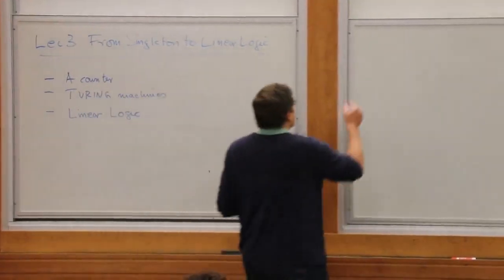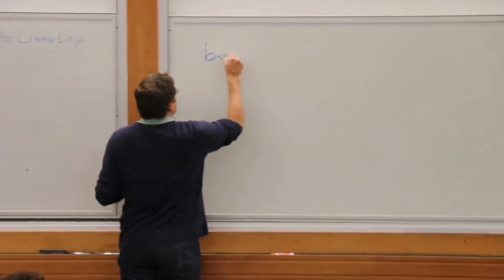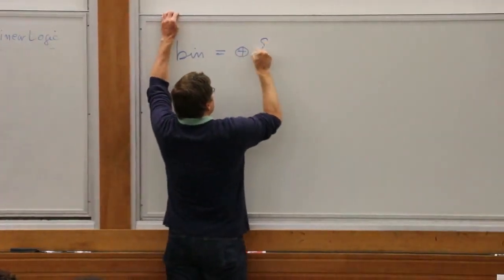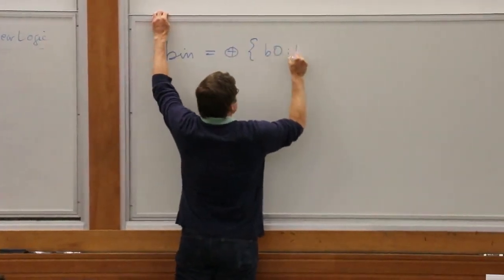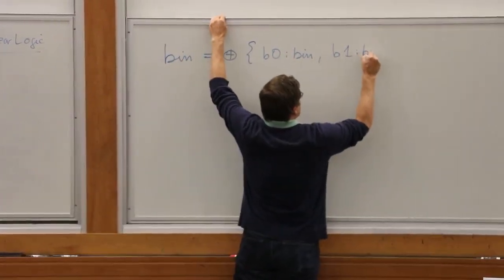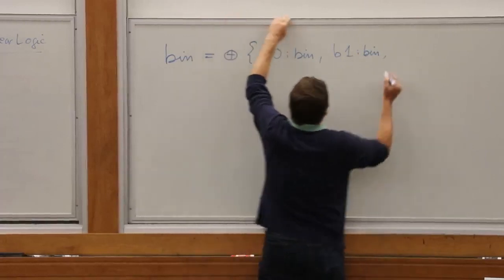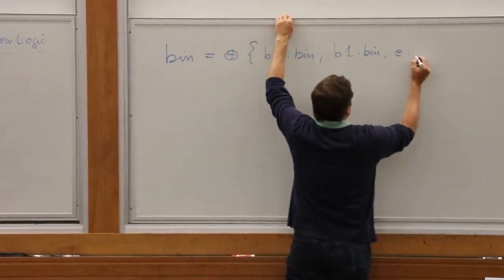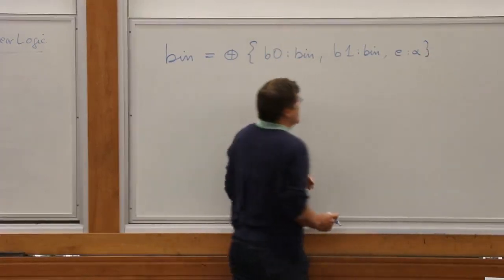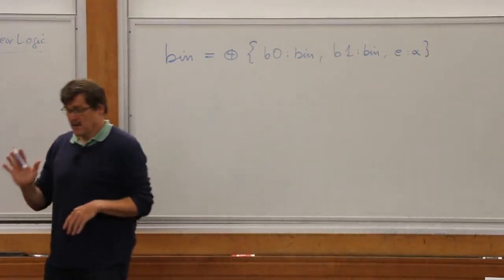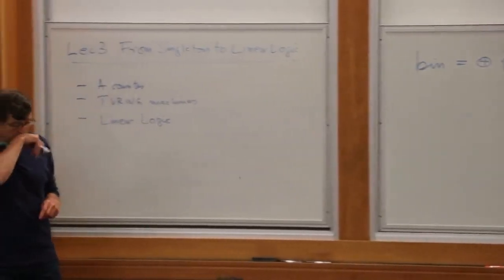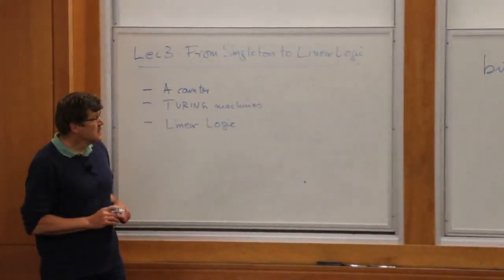So remember the type of binary numbers is an internal choice between a bit 0, which gives you another binary number, or a bit 1, and then you continue to be a binary number, or it's the end, and then we'll just have some type alpha. Actually, in the implementation, we have an additional type 1, and I'll explain that towards the end of the lecture. So it's slightly different than what I'm showing you on the board, but okay.